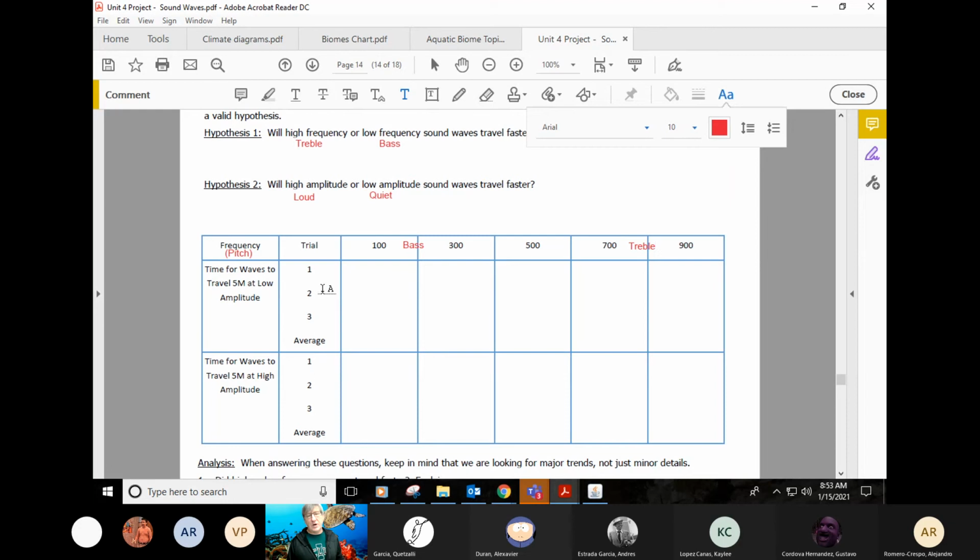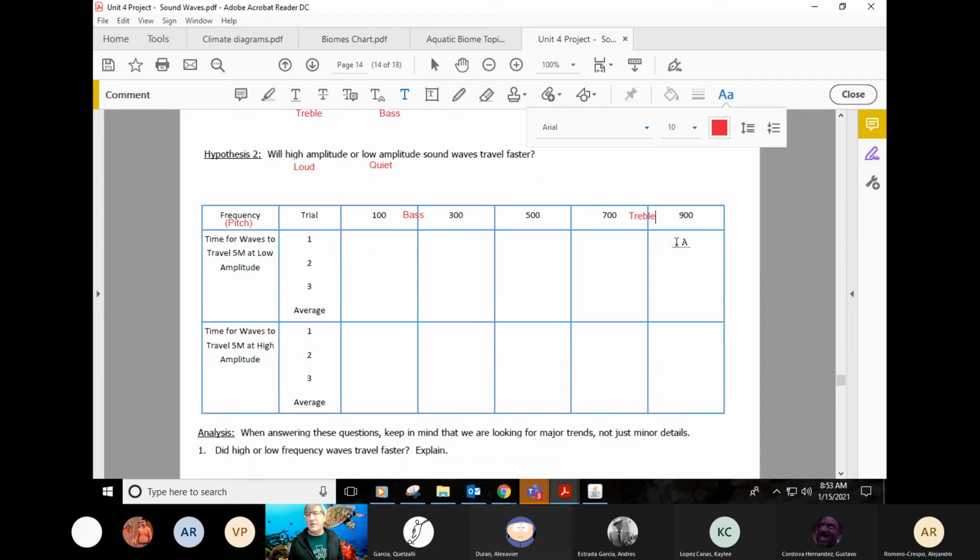And we're going to do 3 trials for each frequency and find the average. So we will do 3 trials for 100 hertz, in other words, cycles per second, vibrations per second. We'll do 3 trials and then we'll take the average. We'll do 3 trials for 300 hertz and so on, for each of these different frequencies, and find the average.